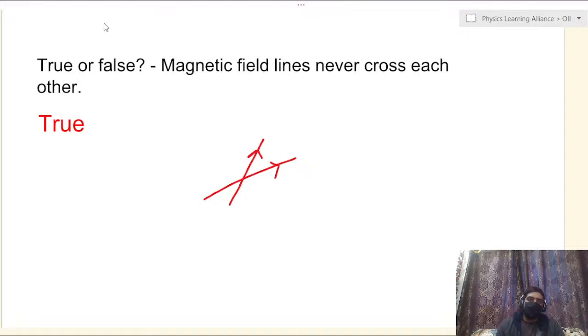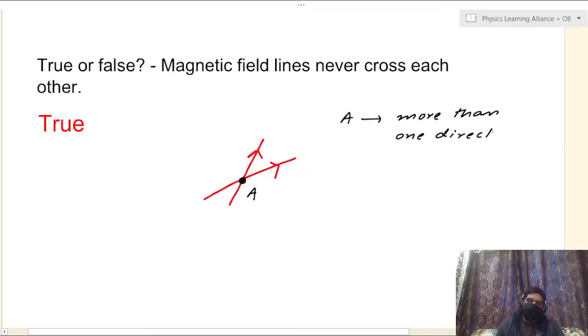Now that would imply that at the point of intersection, let's call it point A, there are two directions of magnetic field lines, which is not possible. More than one direction.